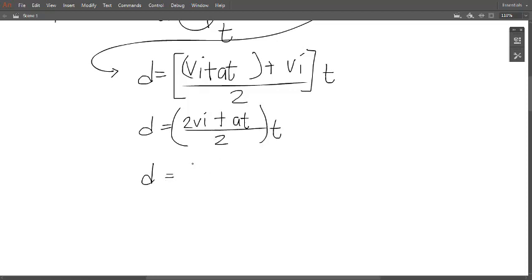So 2Vi will be multiplied by t, plus the product of acceleration and time squared over 2.